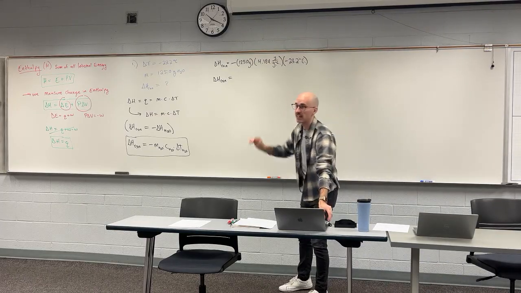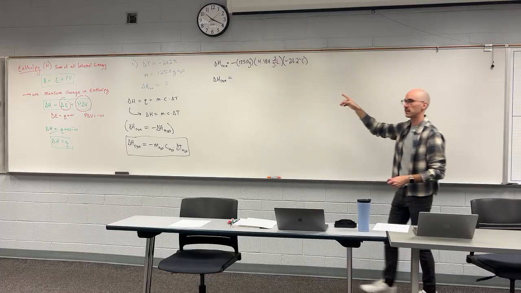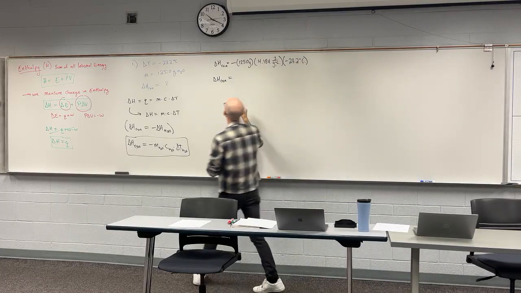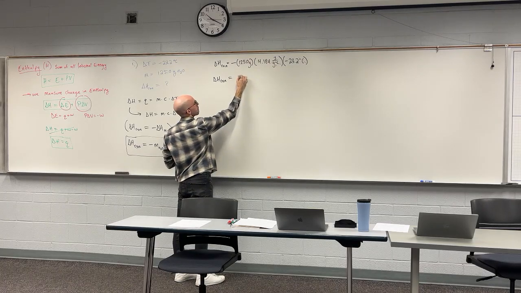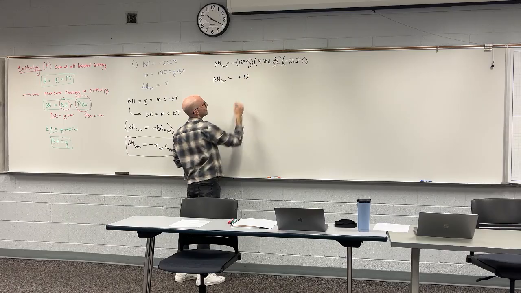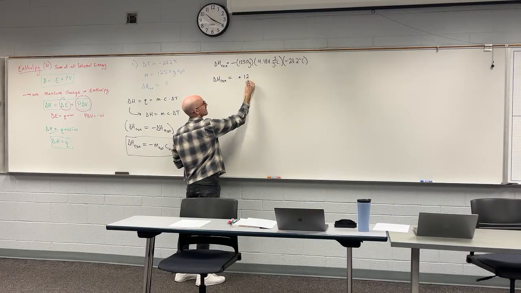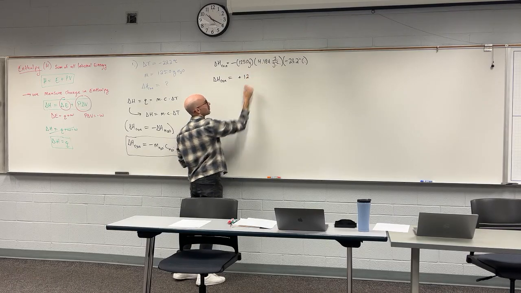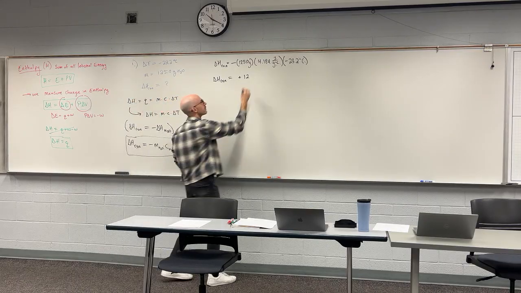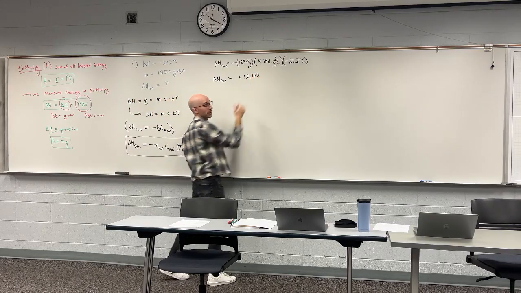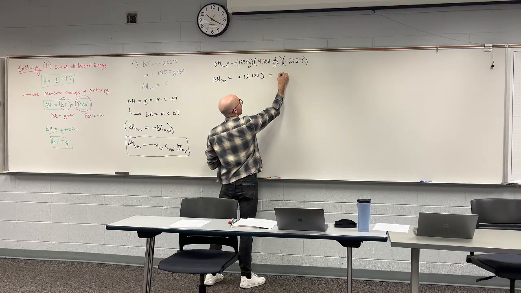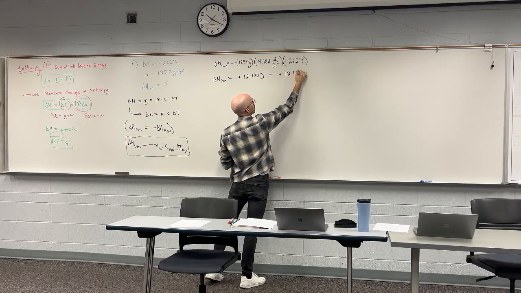But this time, give me a sign, plus or minus, and the number of sig figs in joules and then in kilojoules. Plus 12,133. With sig figs? 12,100? Yeah, 12,100. And units? Joules. And then plus 12.1. Good.